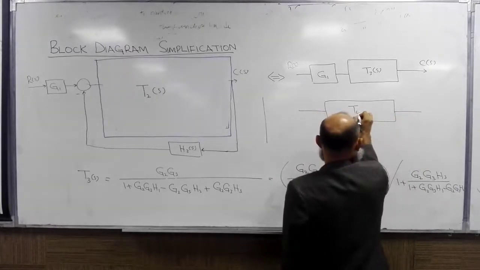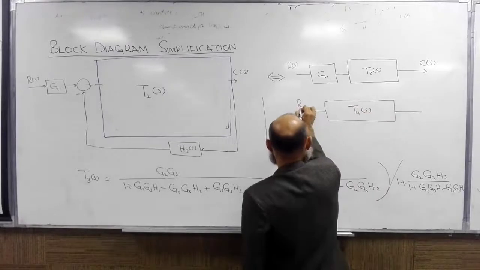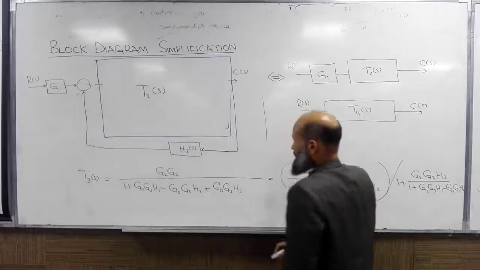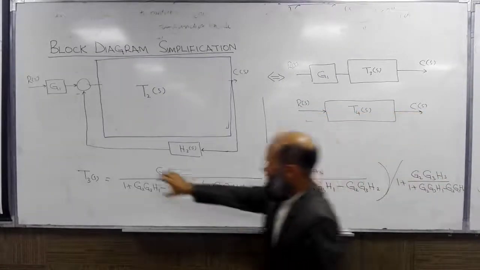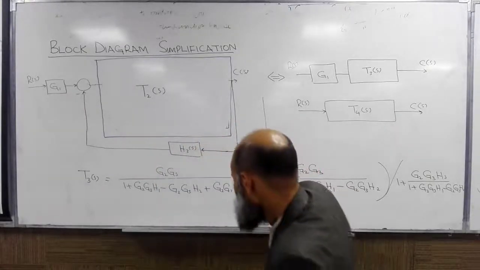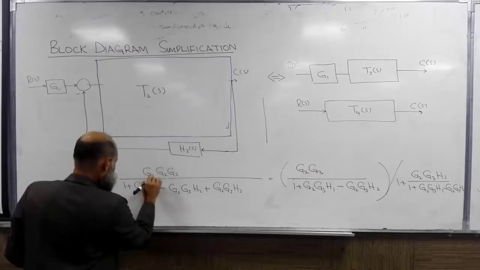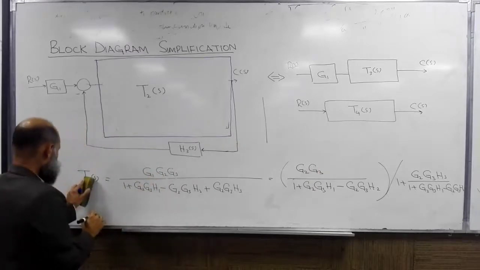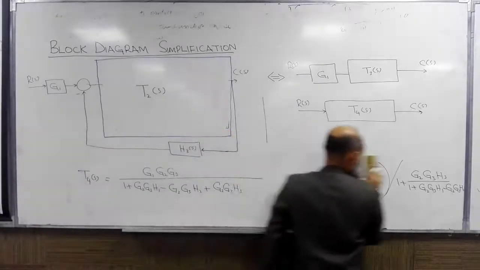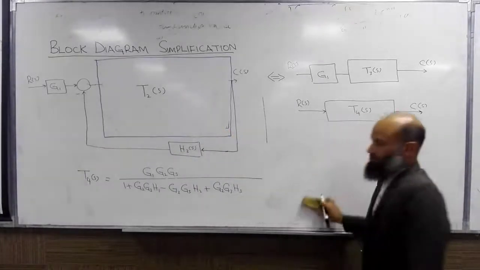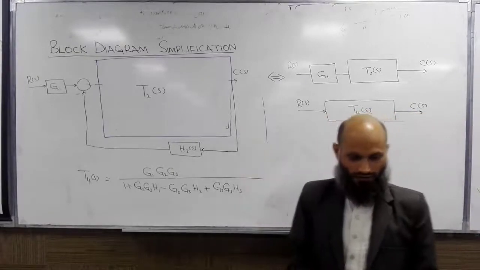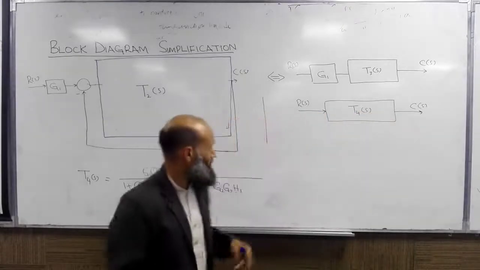This is T4 of S, which is simply the product of T3 and G1, and that is G1, G2, G3 divided by this. So this is the overall transfer function for a complex system that we had in the figure.